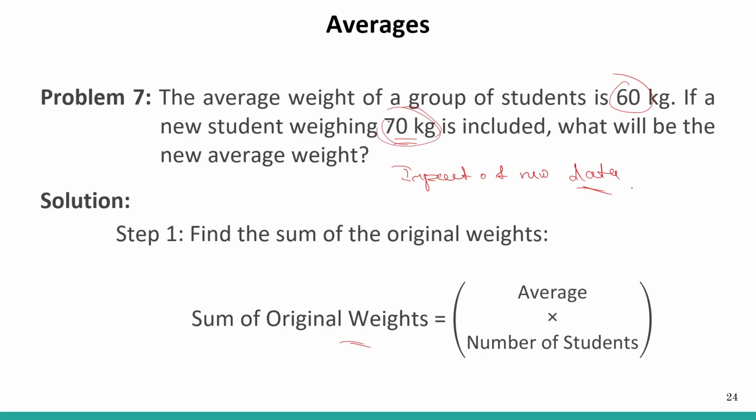The new data has more weightage, that is, it has 70 kg, which is more than 60 kg, the average of the group. So that is why the average will shift and increase. Okay, so the average weight increases.